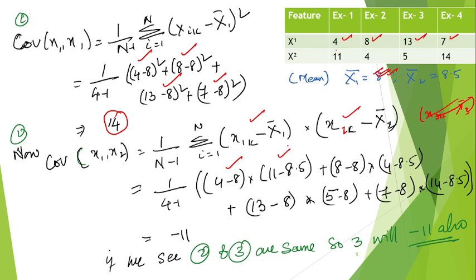Next, 8 minus 8, then 4 minus 8.5, then 13 minus 8, 5 minus 8.5. If we do all the calculation, we get minus 11. Correct? So you are convinced with x1, x2.